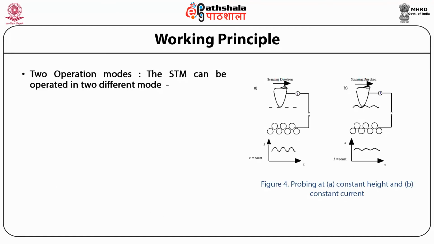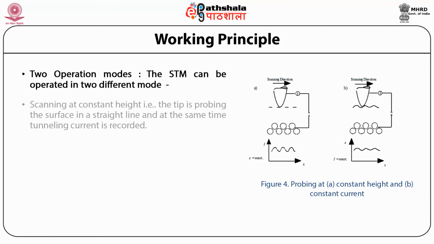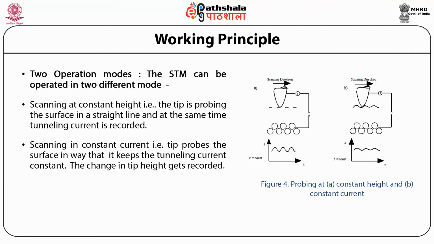Two operation modes. STM can be operated in two different modes. First is scanning at constant height, that is, the tip is probing the surface in a straight line and at the same time the tunneling current is recorded. Second is scanning in constant current mode, that is, the tip probes the surface in a way that the tunneling current is kept constant.